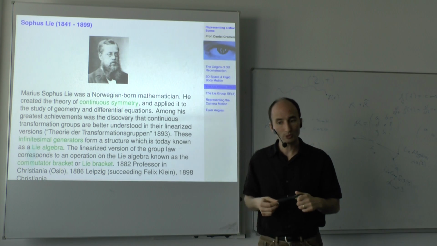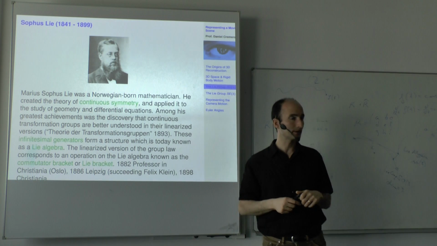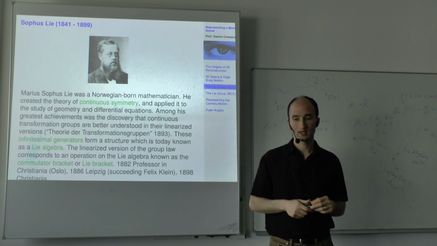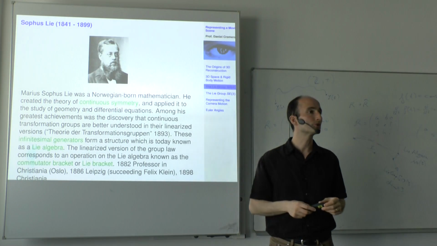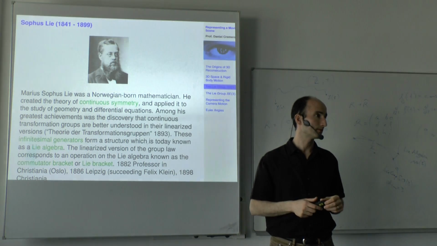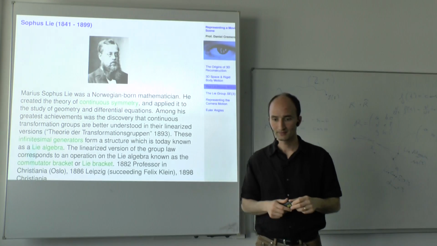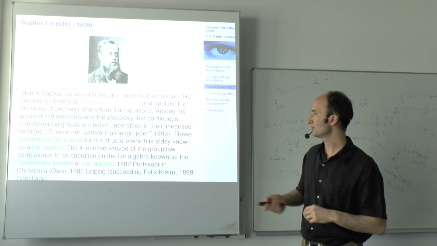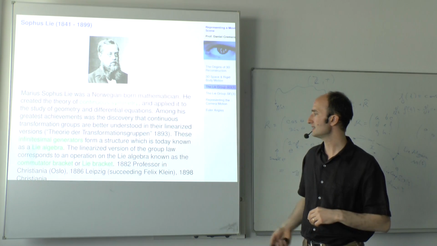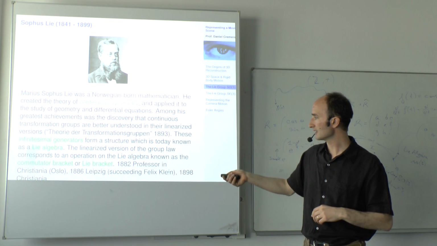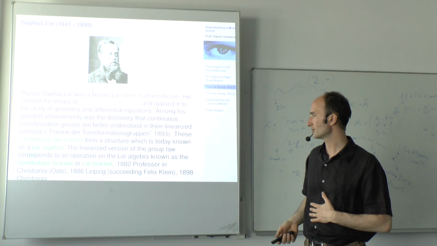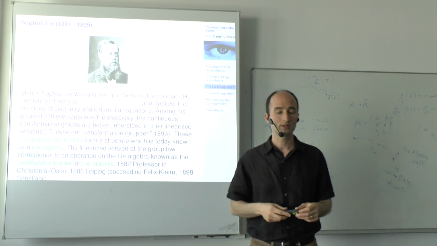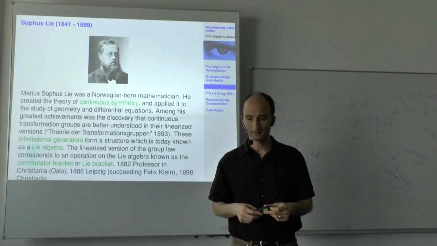Interestingly, a Norwegian-born mathematician. Norway is not a huge country, at least in terms of population, and this is maybe one of the most prominent mathematicians from Norway. He was in Norway most of his life. He actually later came to Leipzig in 1886, succeeding Felix Klein, another famous German mathematician, but then he went back to Norway towards the end of his life.